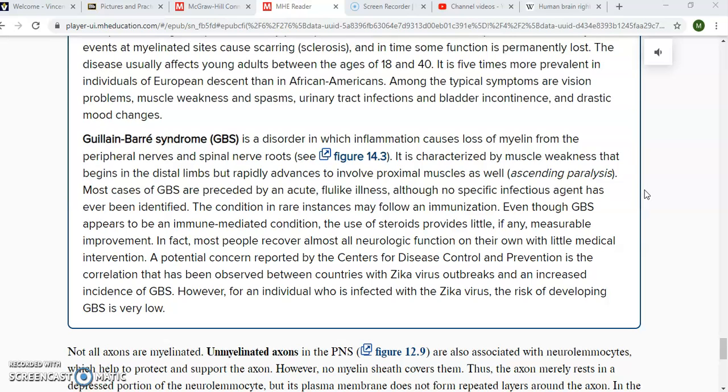The person usually recovers almost all of the neurological function with just time, but it is a pretty scary disease because you don't really know why it happens, and it's obviously scary to have muscle weakness and even paralysis.